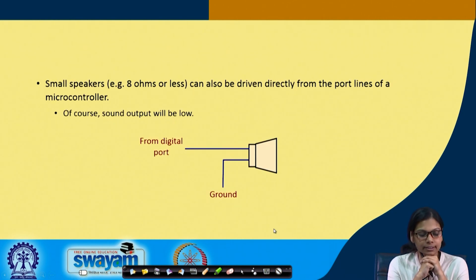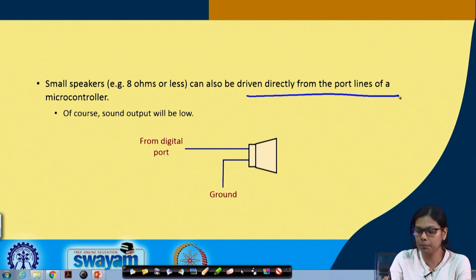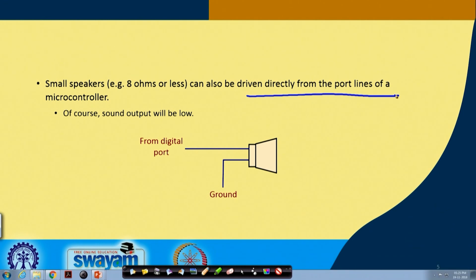We have interfaced a small speaker, so in that case we have directly connected it to the port lines. It can be driven directly from the port lines of the microcontroller, but we have to connect it to a PWM port line. These are the two ends of the speaker.